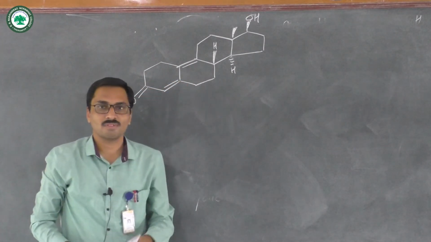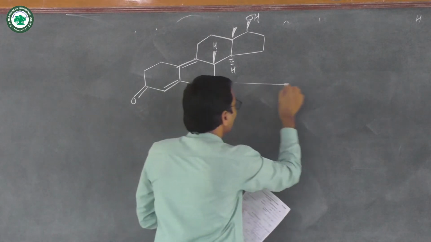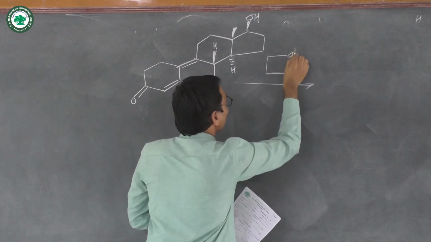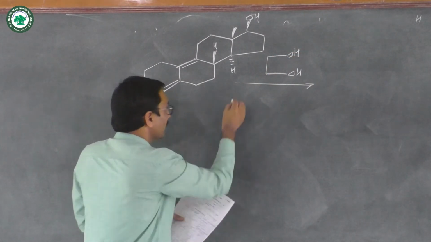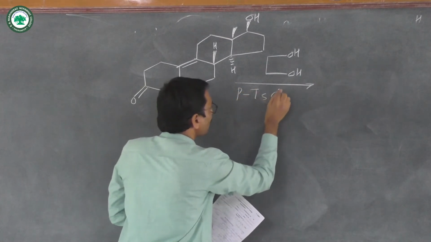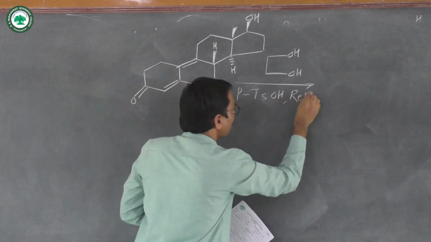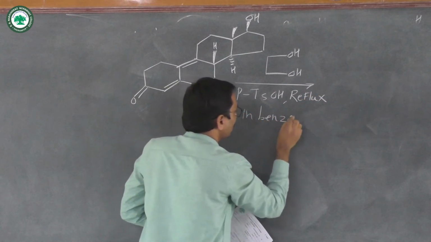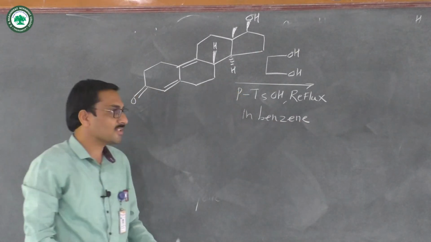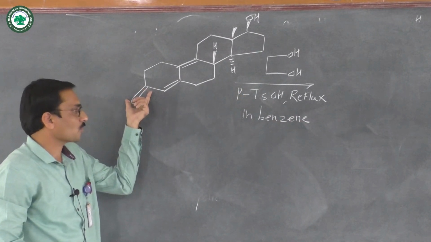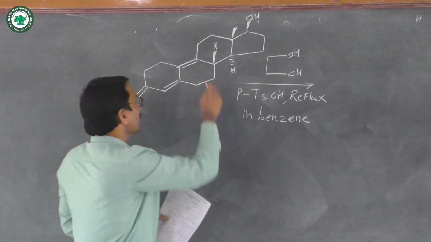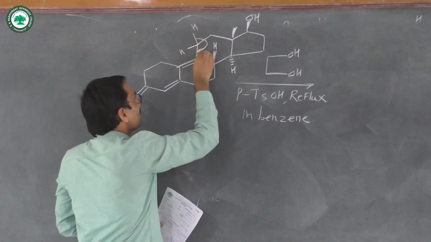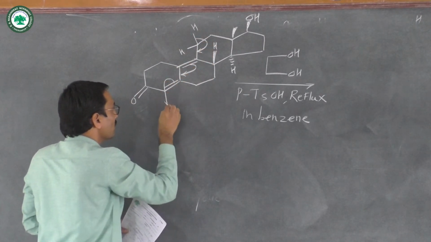Consider this molecule. This molecule is allowed to react with a diol. This is the diol, in the presence of paratoluene sulfonic acid under reflux condition and in benzene solvent. So this particular ketone is protected using this type of diol. Simultaneously, there are some changes in the given organic molecule.